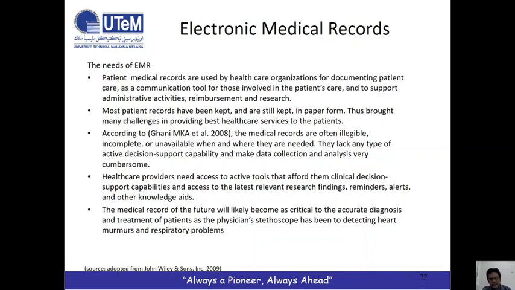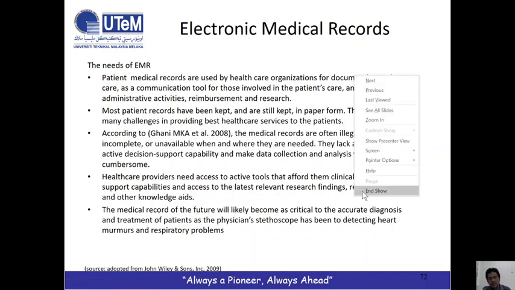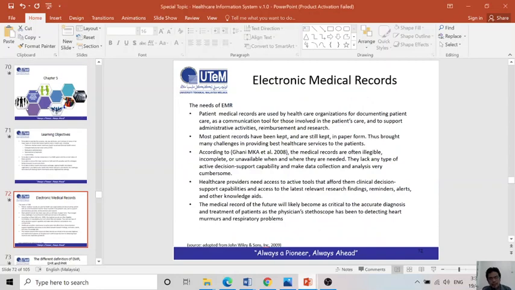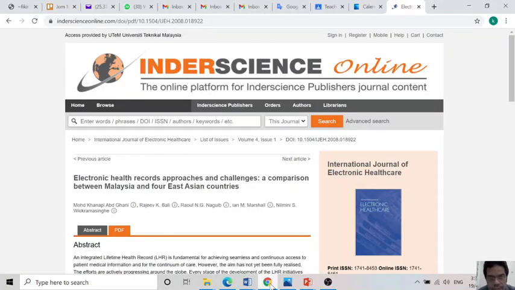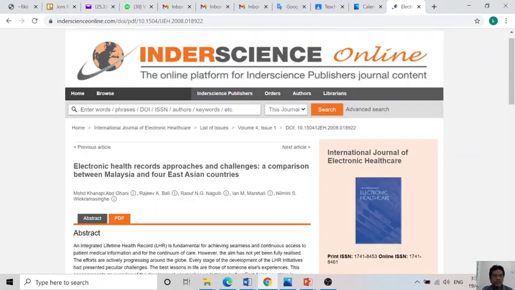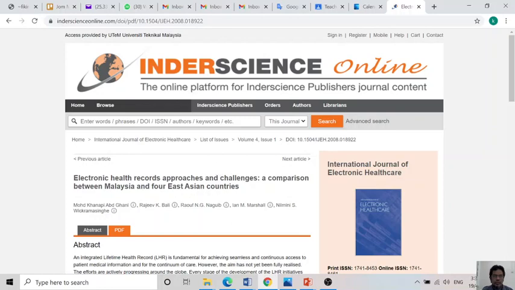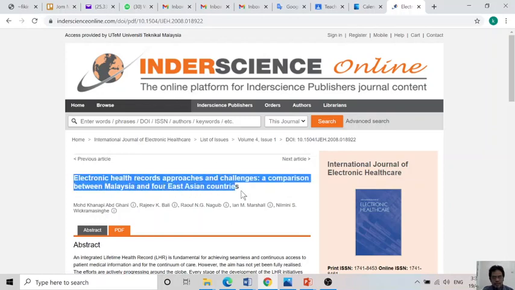So you can refer to this paper if you want to read more on the detail of the discussion in this journal. You can go online and check this paper written by me in 2008, I think.